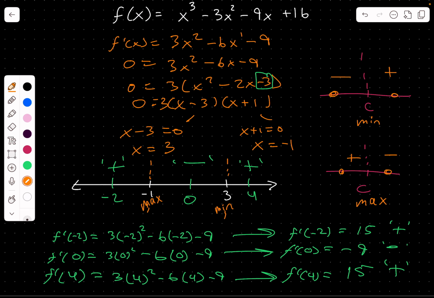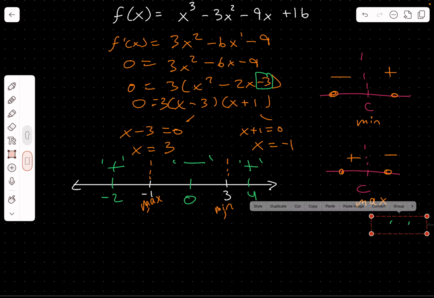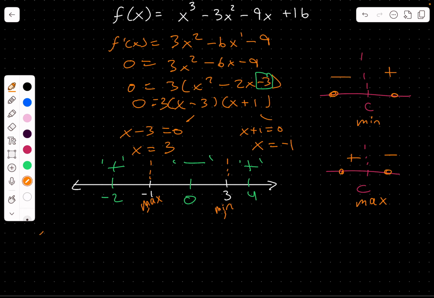To find the ordered pair, we're going to have to plug our critical points into our original function. So I'm going to clear this bottom portion out. And now let's do that. We get f of negative 1 equals negative 1 to the third power minus 3 times negative 1 squared minus 9 times negative 1 plus 16.